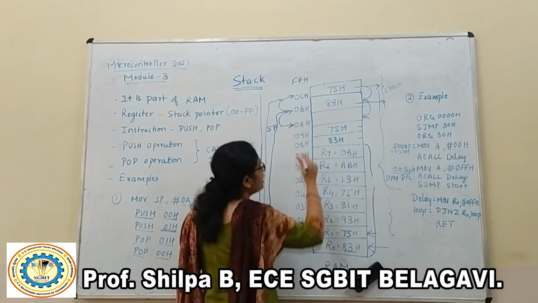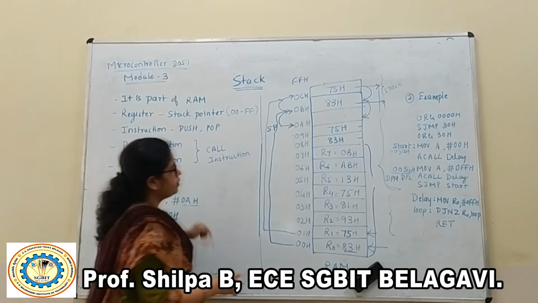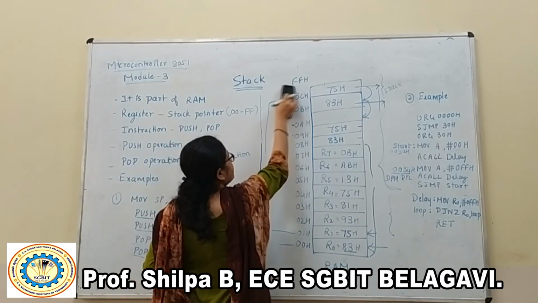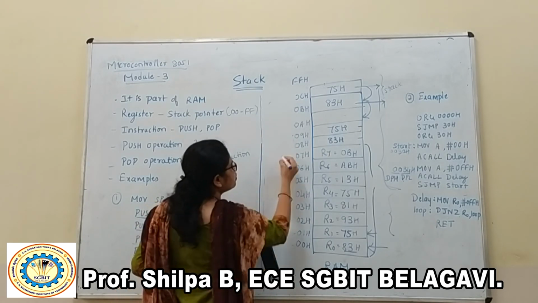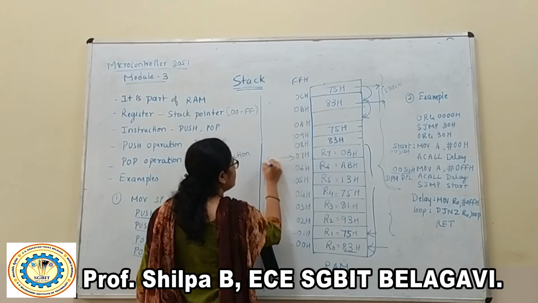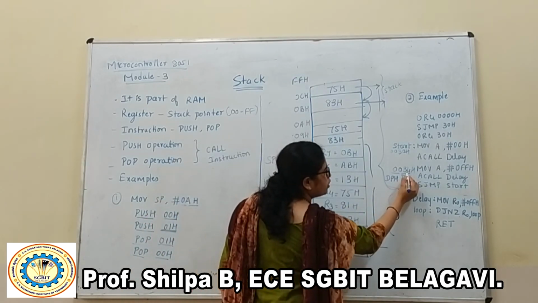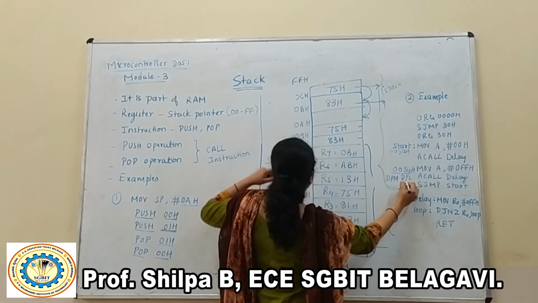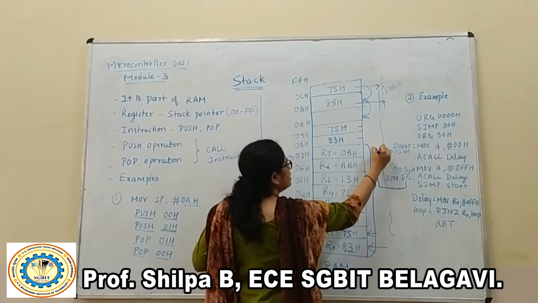In our case the stack is already defined as 08, or else for this example I have not mentioned any stack pointer. By default your stack is at 07h. Whenever this happens, you take your DPL data first and store it in the stack.